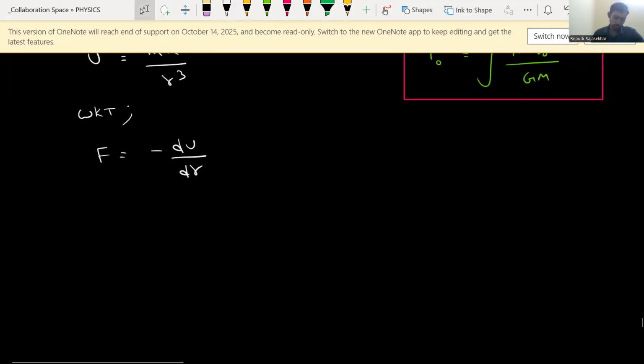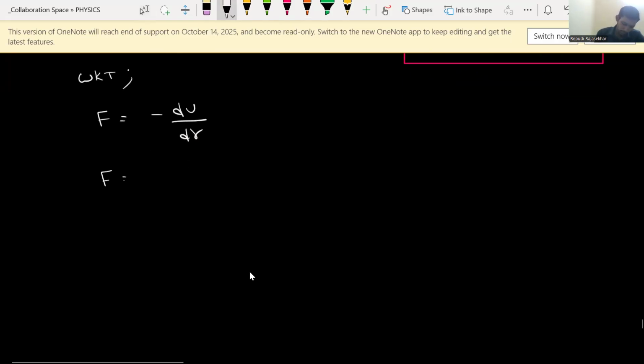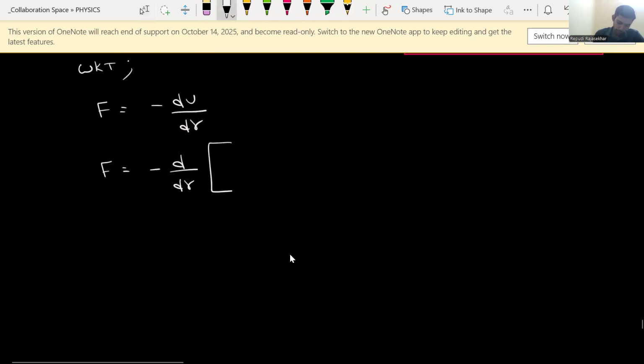So F equals minus d by dr of the potential energy, which is m alpha divided by r cube. Whatever the constants are, write all those constants outside.